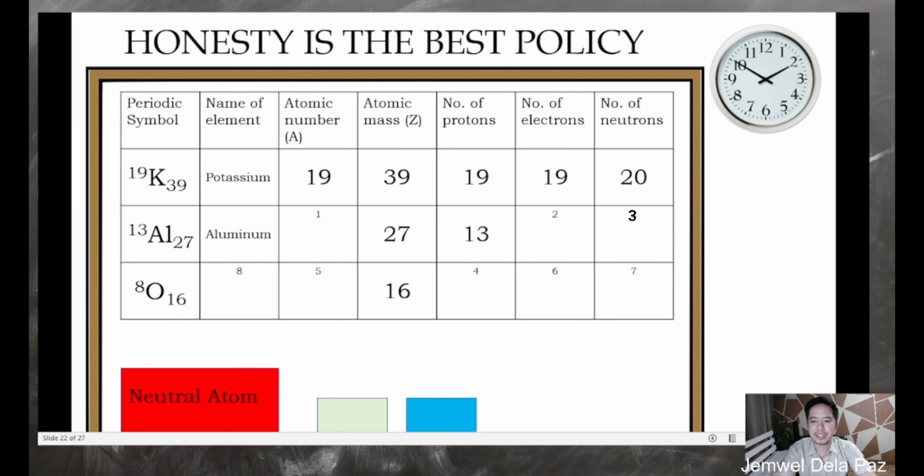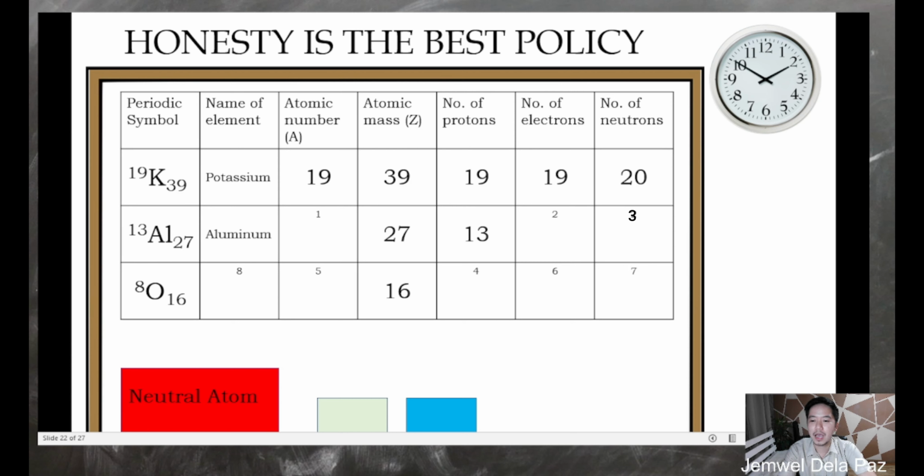Let us examine this table. The periodic symbol, the name of element, atomic number, atomic mass, number of protons, number of electrons, and number of neutrons. First example is K, or potassium, with the given notation.